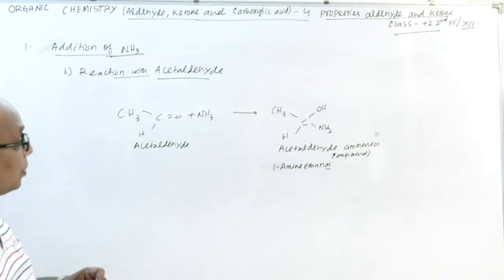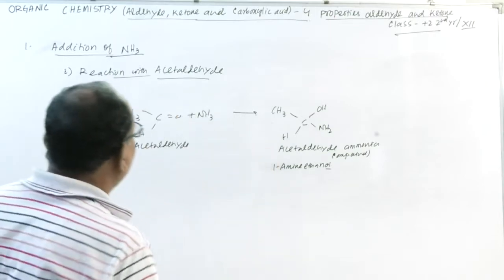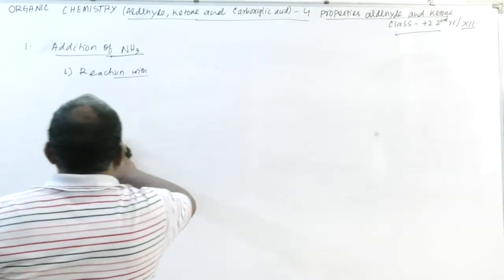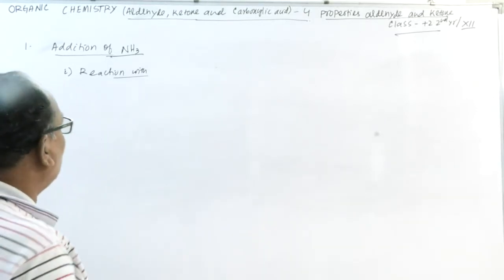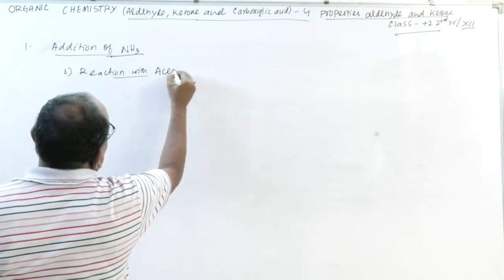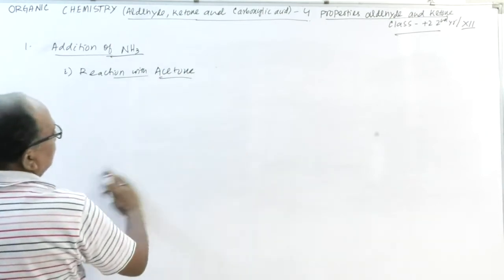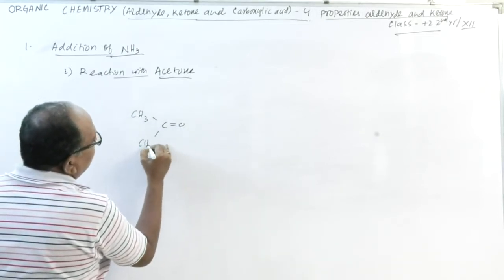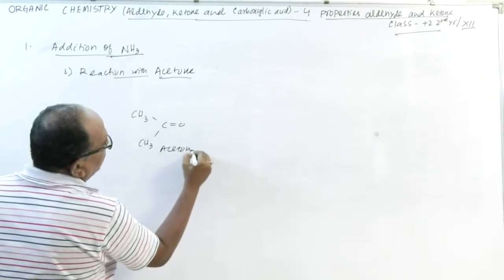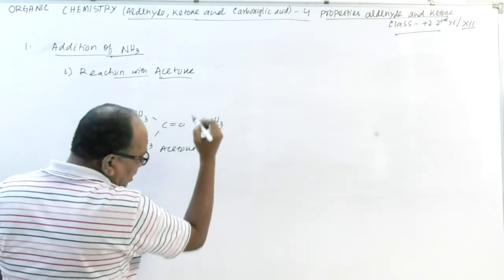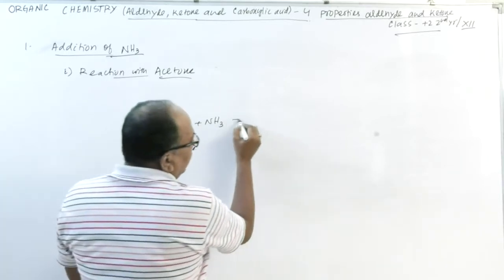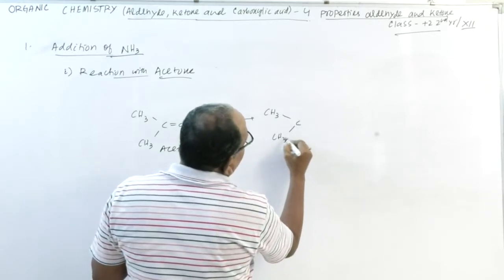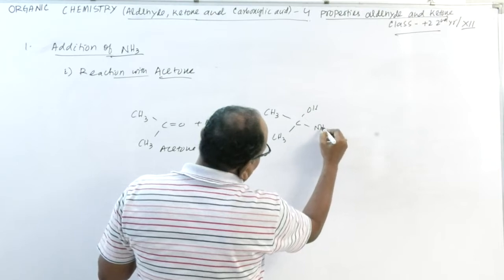Okay. Next come to the reaction of ammonia with acetone. So CH3 C double bond O CH3, this is your acetone, can react with ammonia. It can add a molecule of ammonia to the carbonyl group, giving CH3 C(OH)(NH2) CH3.